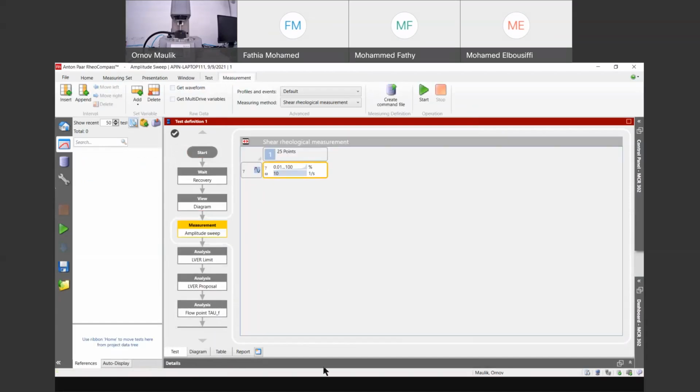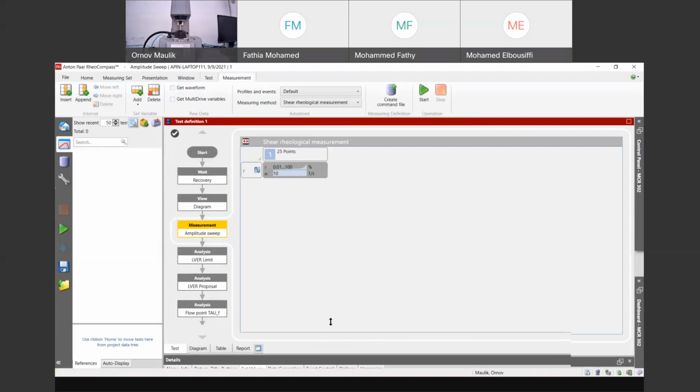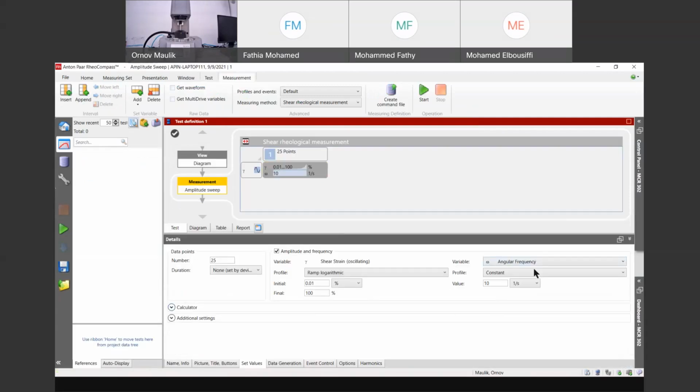As I have mentioned, here you are varying the strain and keeping the angular frequency constant. If you remember that animation where your top plate was moving and the bottom plate was fixed, the speed at which that top plate was moving was given by angular frequency, and how much displacement there is on that top plate is given by your amplitude, that is the shear strain.